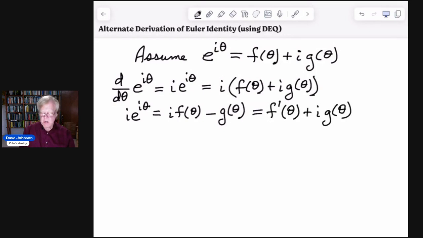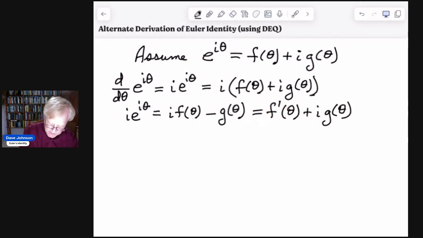Now, the strategy here is to construct a differential equation which we can then solve. And so what I'm going to do is look at both the real part of this equation. So the real part is negative g of theta is equal to f prime of theta.